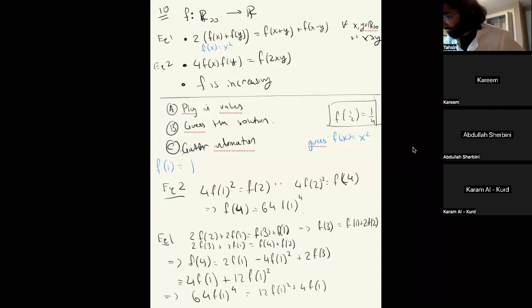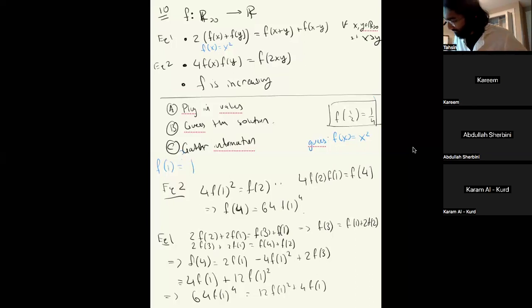It's here actually. This equation is wrong, right? This equation should actually say 4 f of 2 f of 1 is equal to f of 4, right?